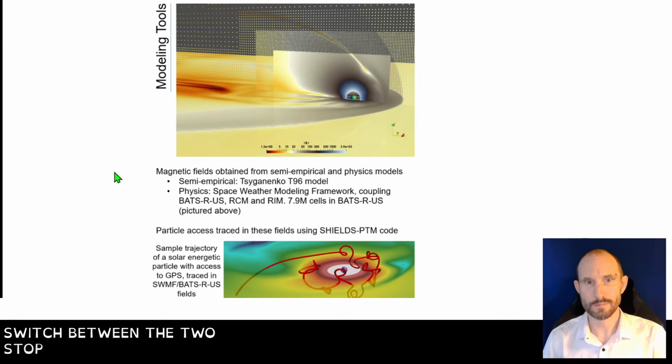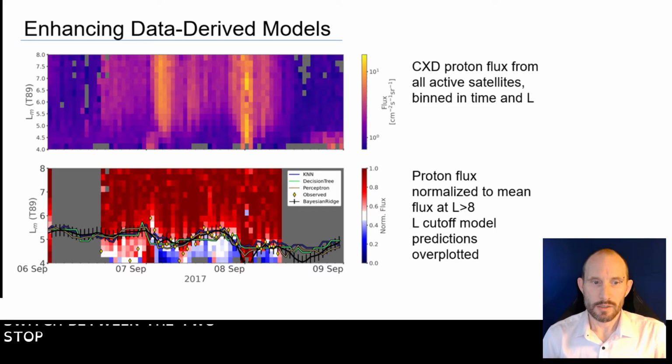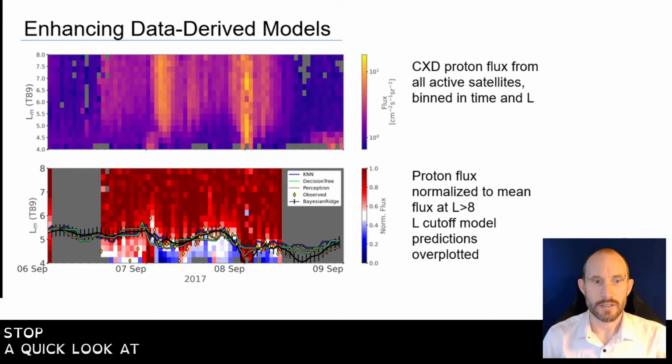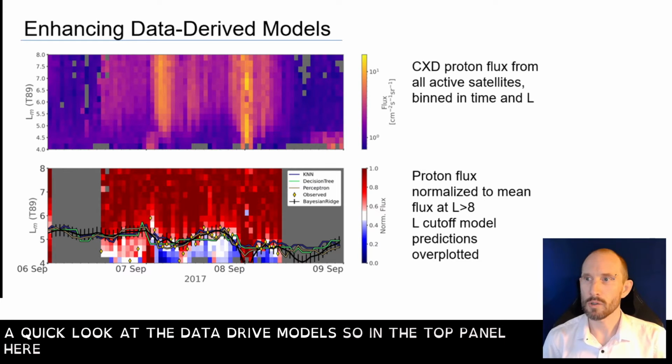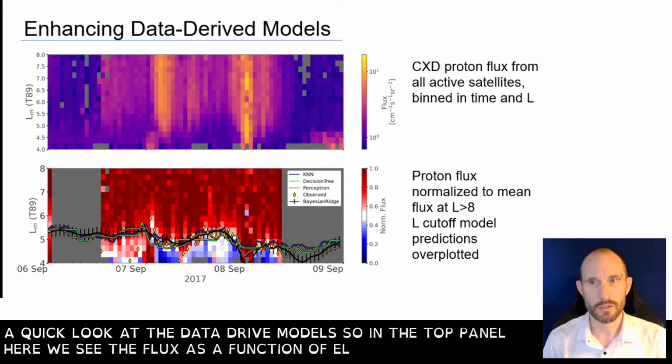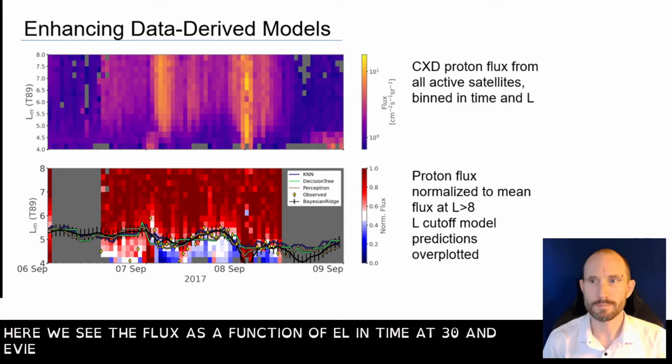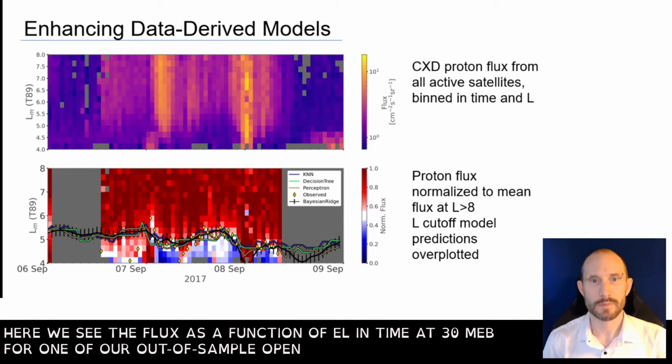So, let's take a quick look at the data-derived models. So in the top panel here, we see the flux as a function of L and time at 30 MeV for one of our out-of-sample events.